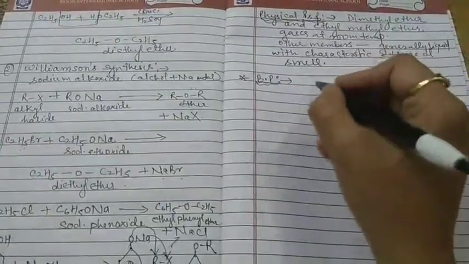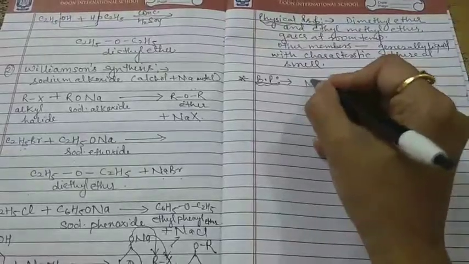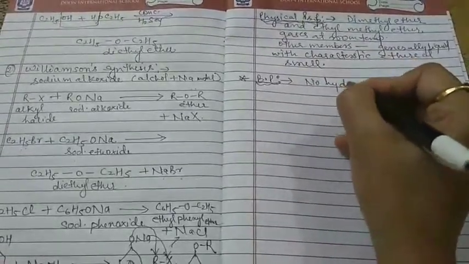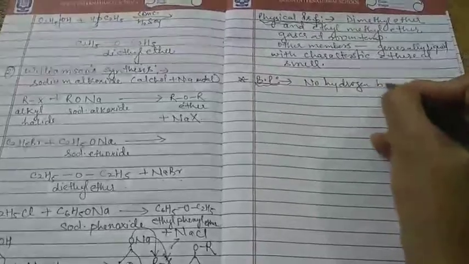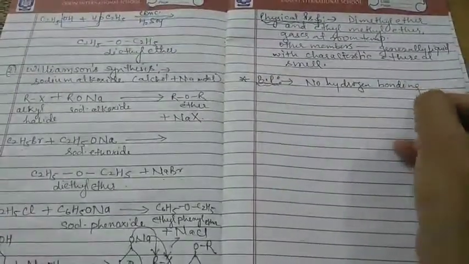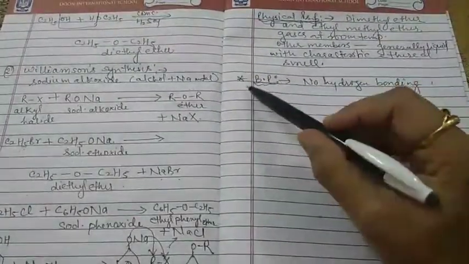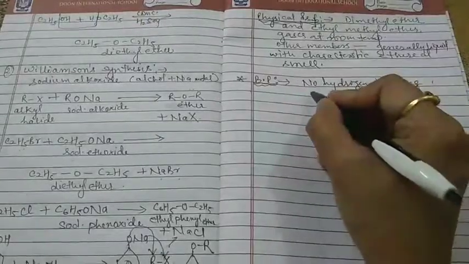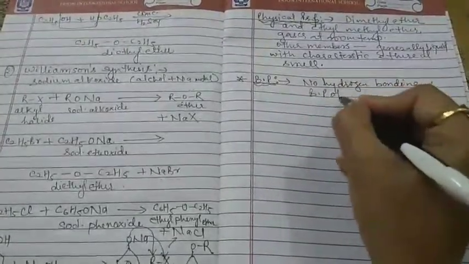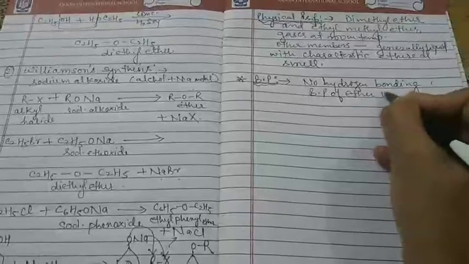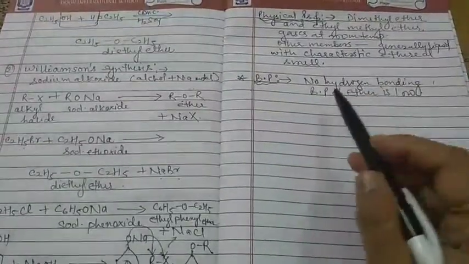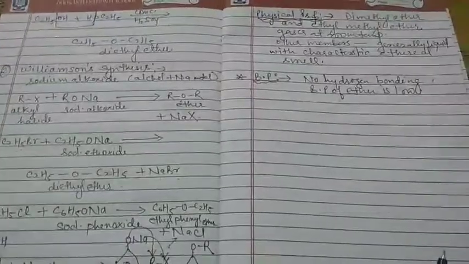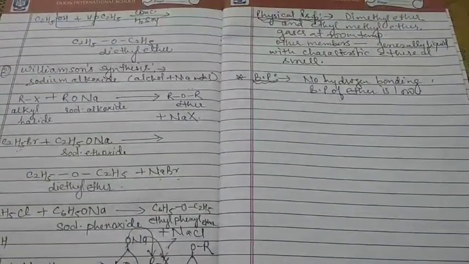But in ether there is a lack of hydrogen bonding. So the boiling point of ether is low, and the miscibility of ether with water is also low in comparison to alcohols.